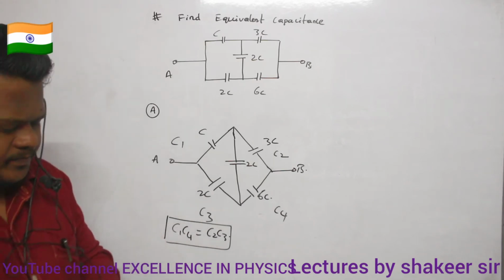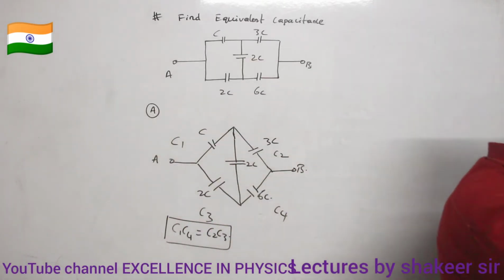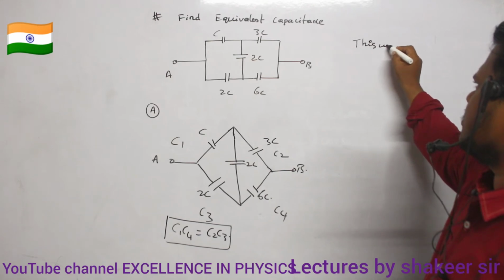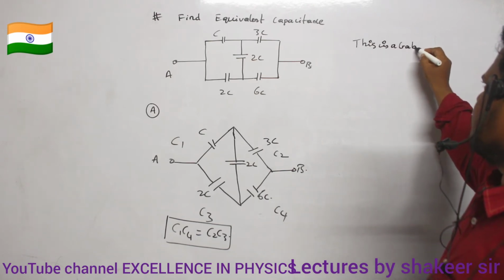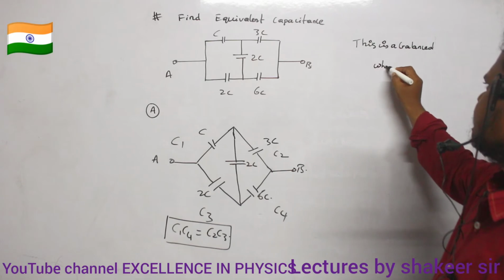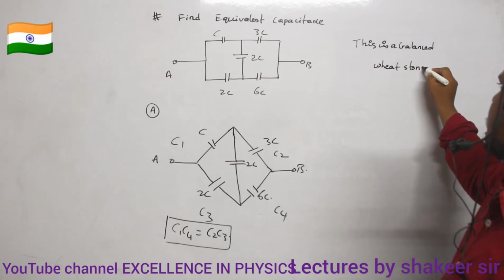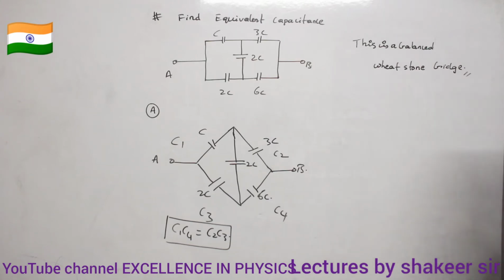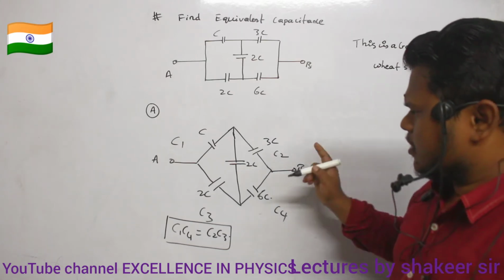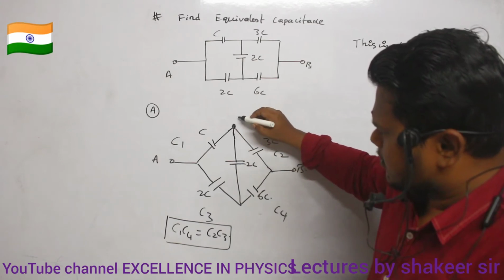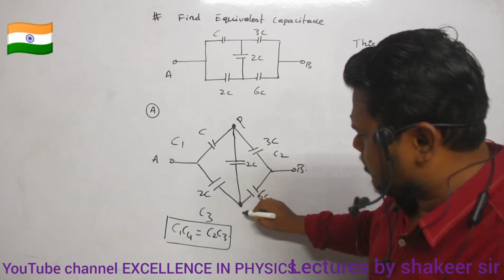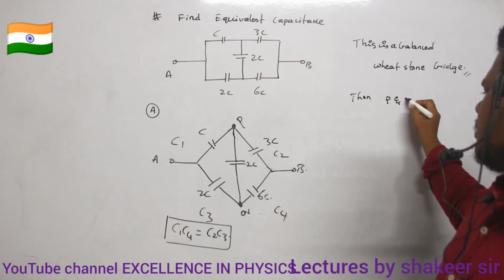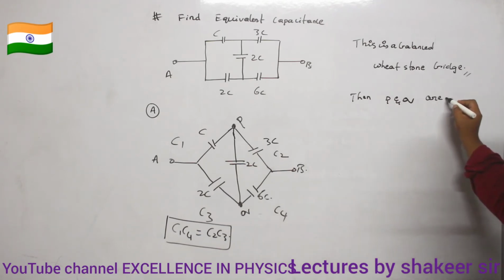If this condition is satisfied, what kind of circuit is this one? Yesterday we have discussed, no? This is a balanced Wheatstone bridge. What are the properties of balanced Wheatstone bridge? Yesterday only we have studied. If I name these points as point P and point Q, then I can say that P and Q are at the same potential.